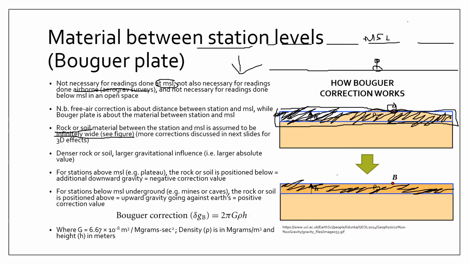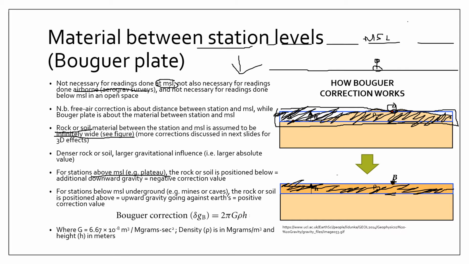And then, if your station is located above mean sea level, like on a plateau, then it means that the rock or soil is positioned below. So here, if your station is in here, then you have additional material in here.